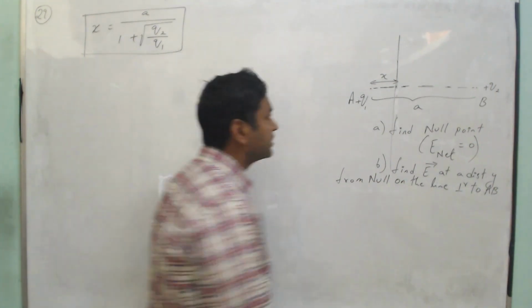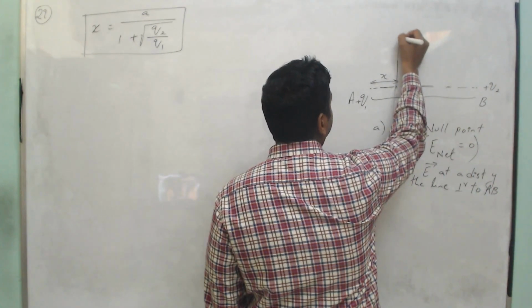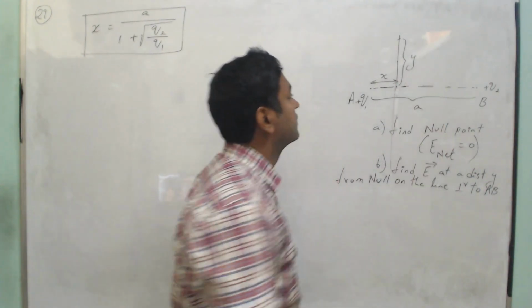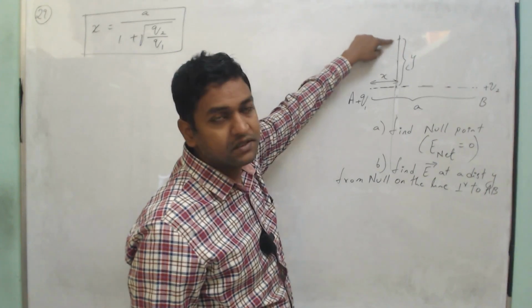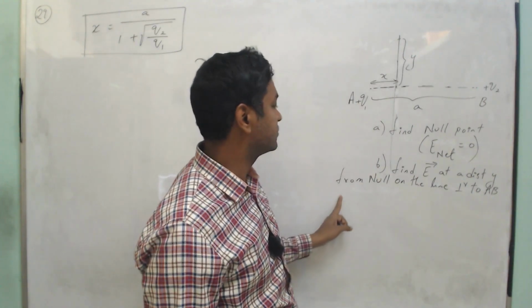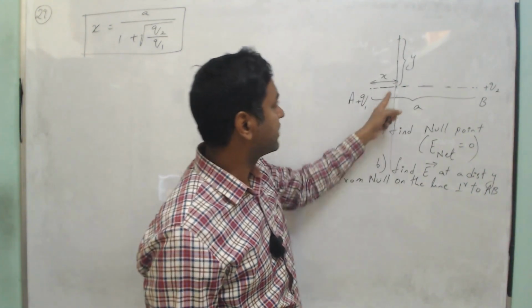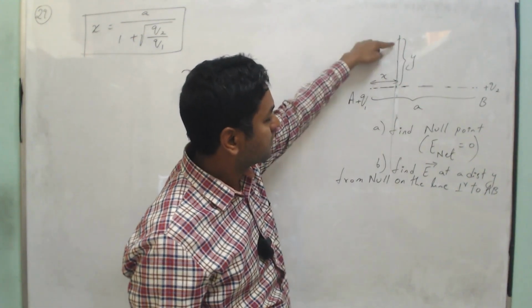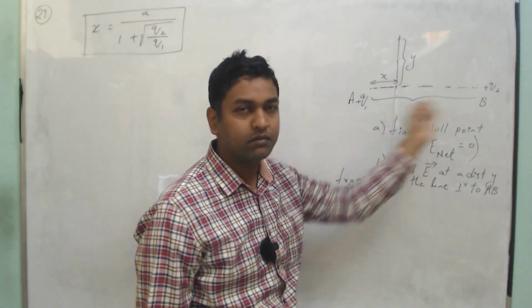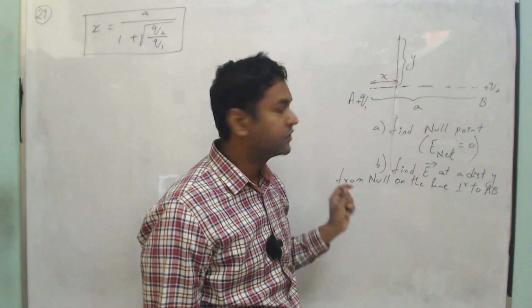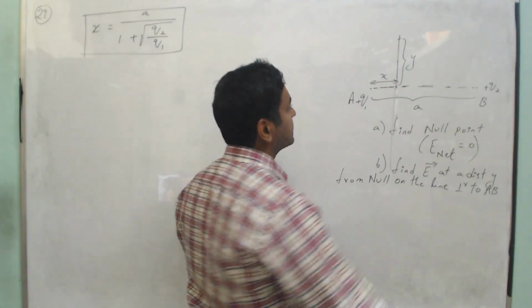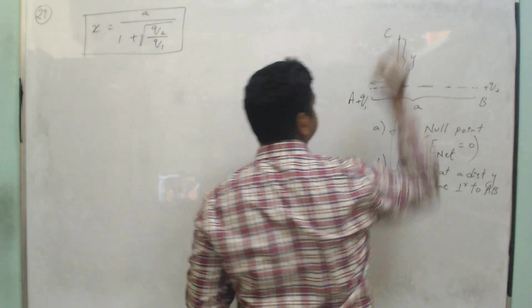So what I mean is, let this distance be y. This point is at a distance of y from the null point, and it should be on the line perpendicular to AB. Is this clear? Let us say this point is C.